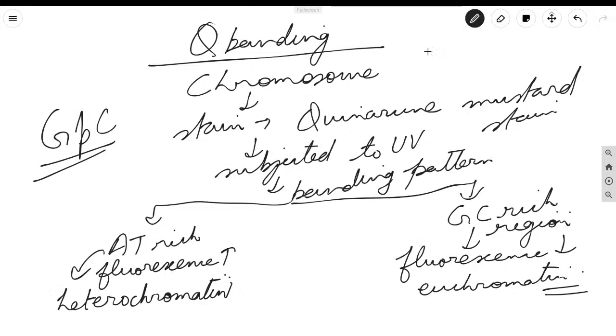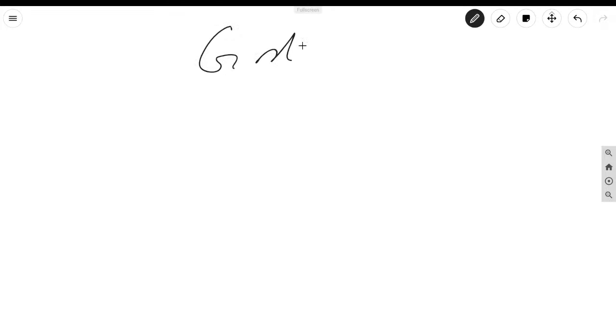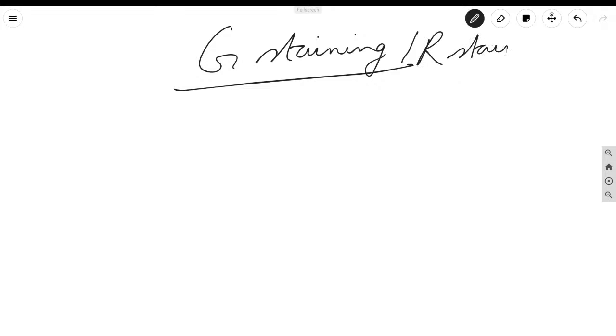Then coming to the G staining, or Giemsa staining, and I'll also explain R staining, or reverse Giemsa, along with the G staining technique. In G staining, not R staining, we add trypsin.